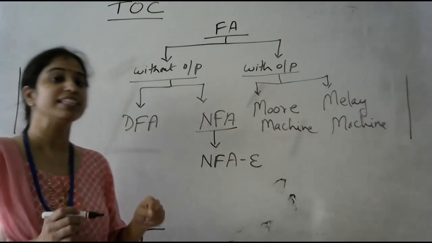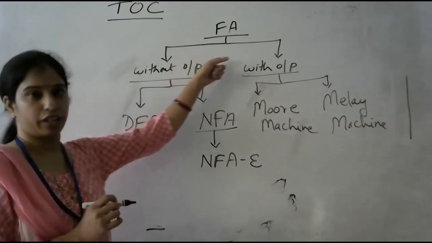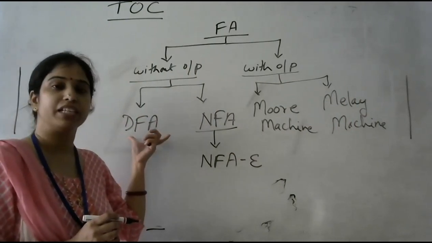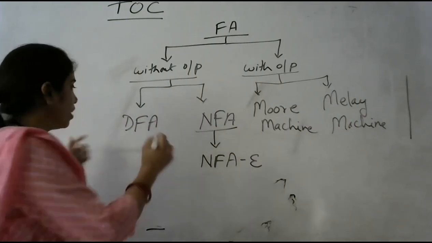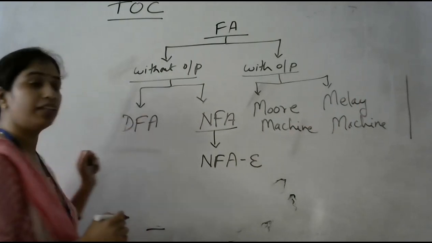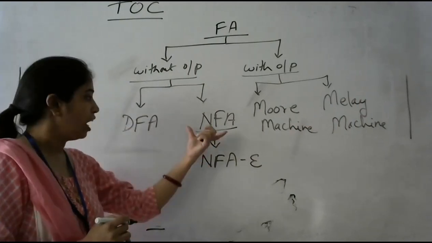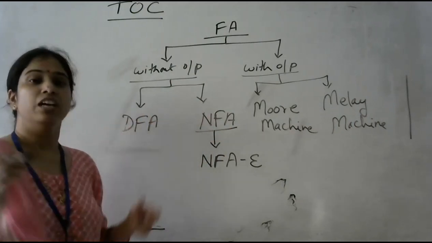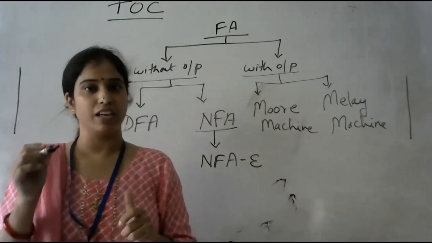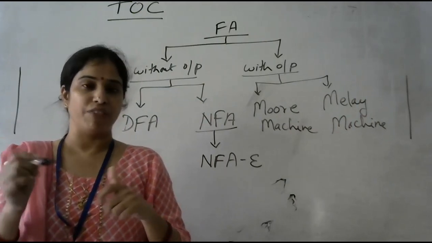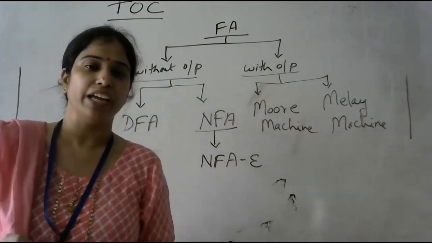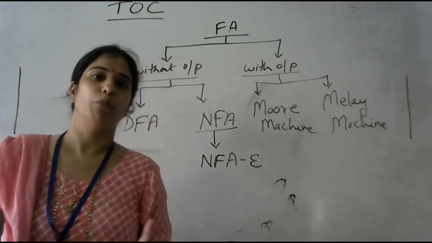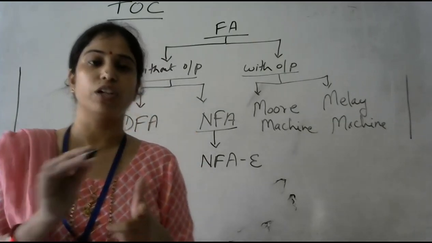In the previous lectures, I taught you what is finite automata and what is DFA, deterministic finite automata. Now in this lecture, I will teach you how NFA is converted into DFA, because for a few questions, numericals, and machines, it's not possible to design a DFA for all the problems, for all the strings.